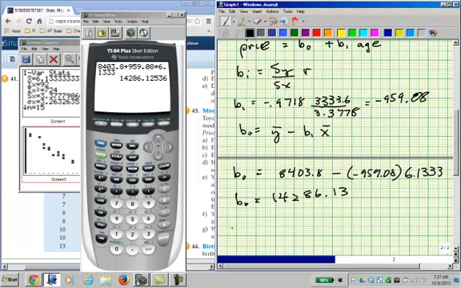So, estimated cost, this is how you read it, and this is how you write it: estimated cost equals 14286.13 minus 959.08 times age.